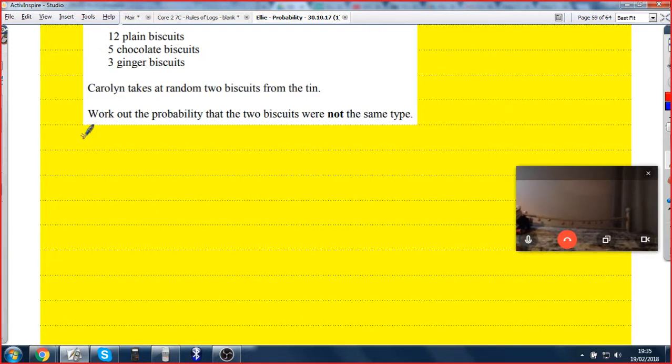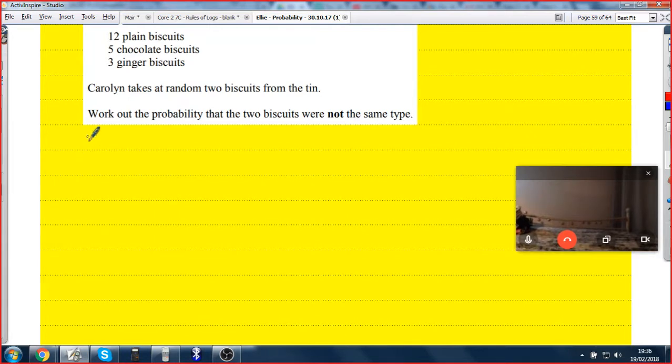So they take 2 biscuits. Would you do like 20 take away 12? So just no numbers yet. Just what are the successful outcomes? So we said plain, chocolate, ginger. What are the successful outcomes if they are not the same? If you take 2 biscuits, they're not the same. What possibilities are there?